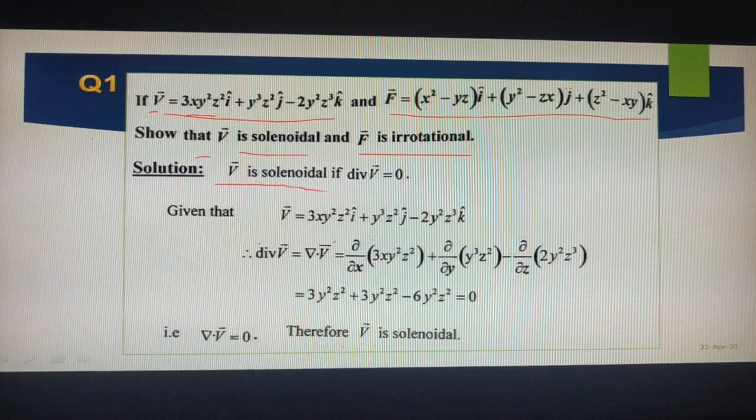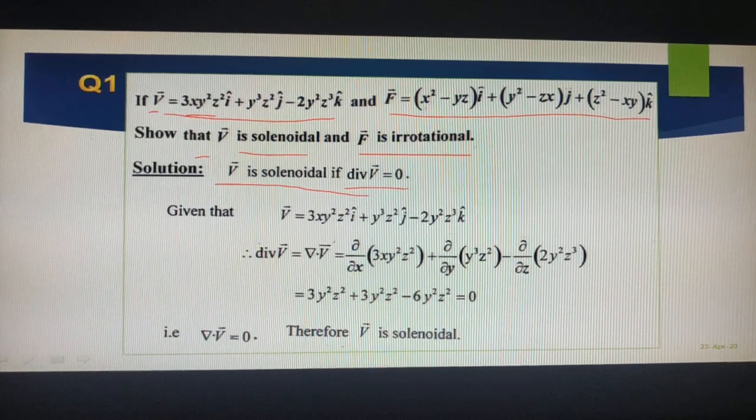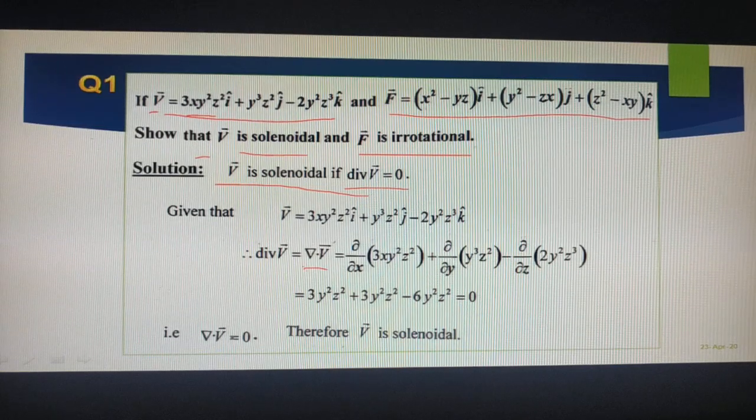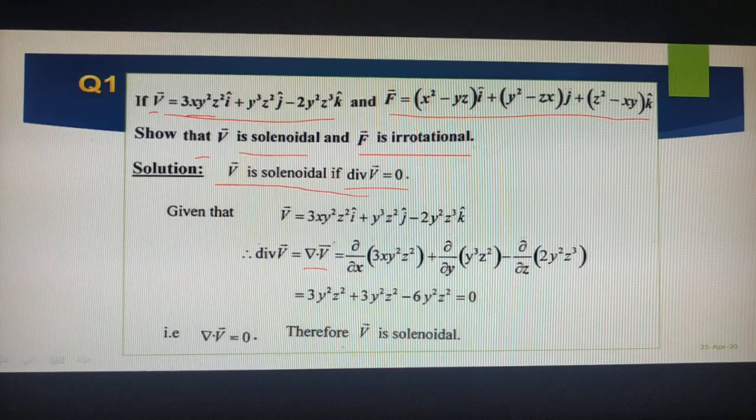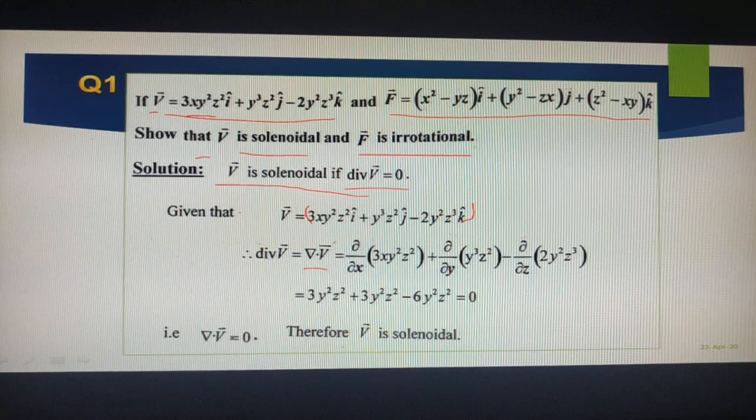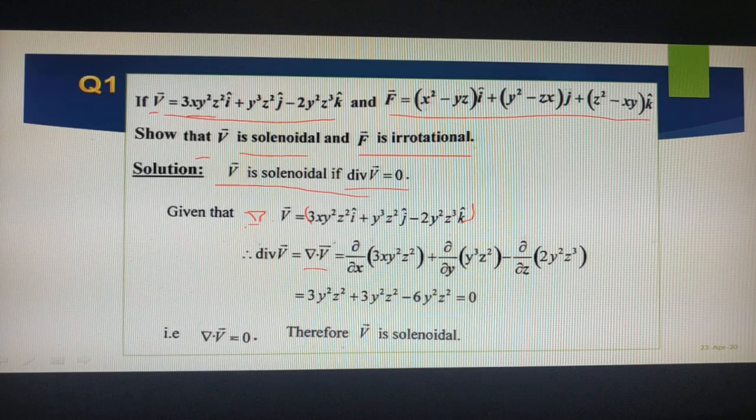So when can we say V is solenoidal? When the divergence of V bar is equal to 0. Divergence means del dot V bar, the dot product. Del means i dou by dou x plus j dou by dou y plus k dou by dou z, the del operator.